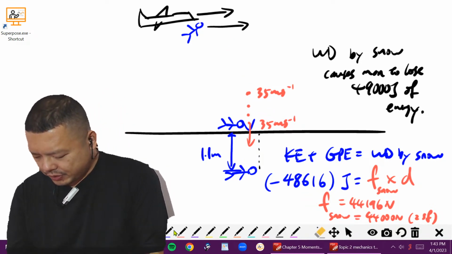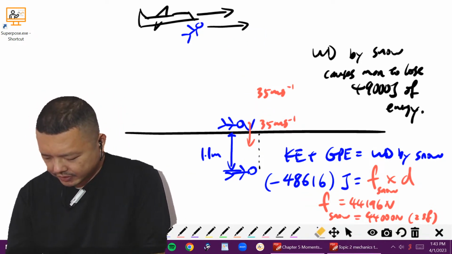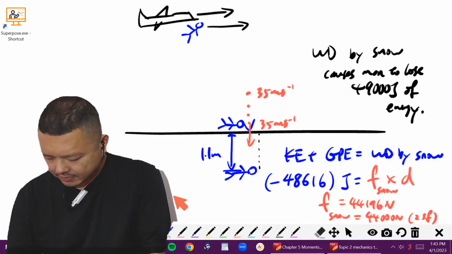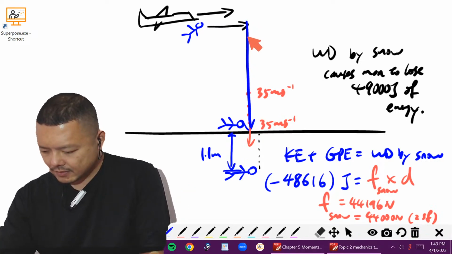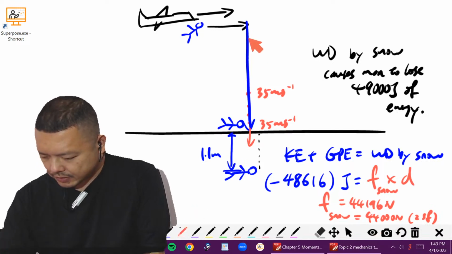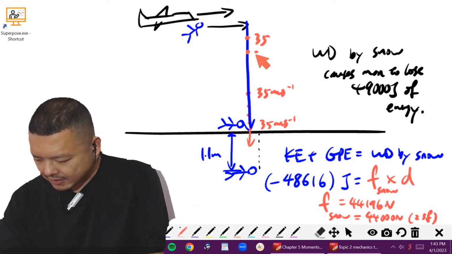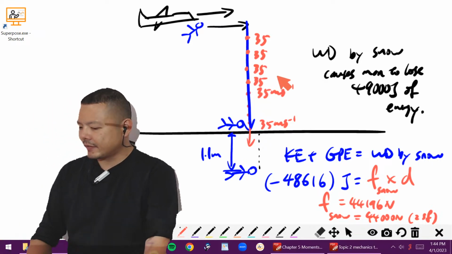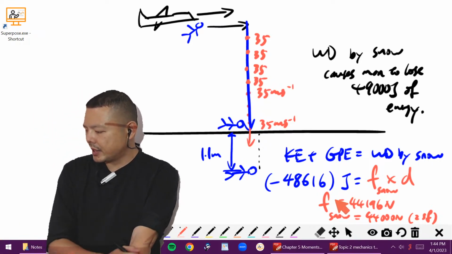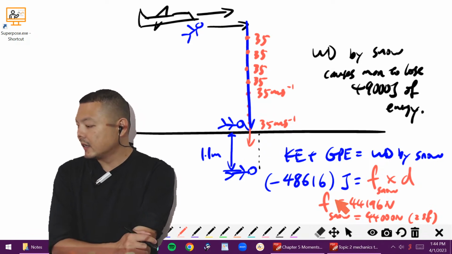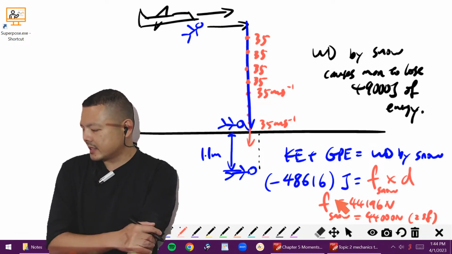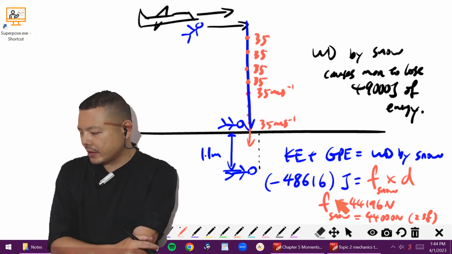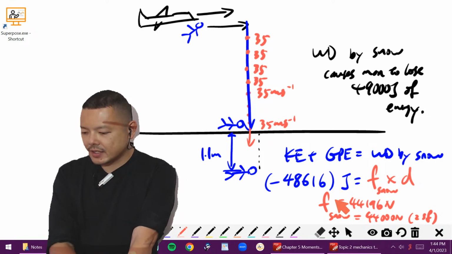They want you to assume that he was already at terminal velocity all the way. That's what part C wants you to do. You look at part C. They want you to imagine that immediately after you jump out of the plane, you hit terminal velocity all the way already, because it says terminal velocity is 35 meters per second. Then they want you to find the work done by the air resistance as it fell.